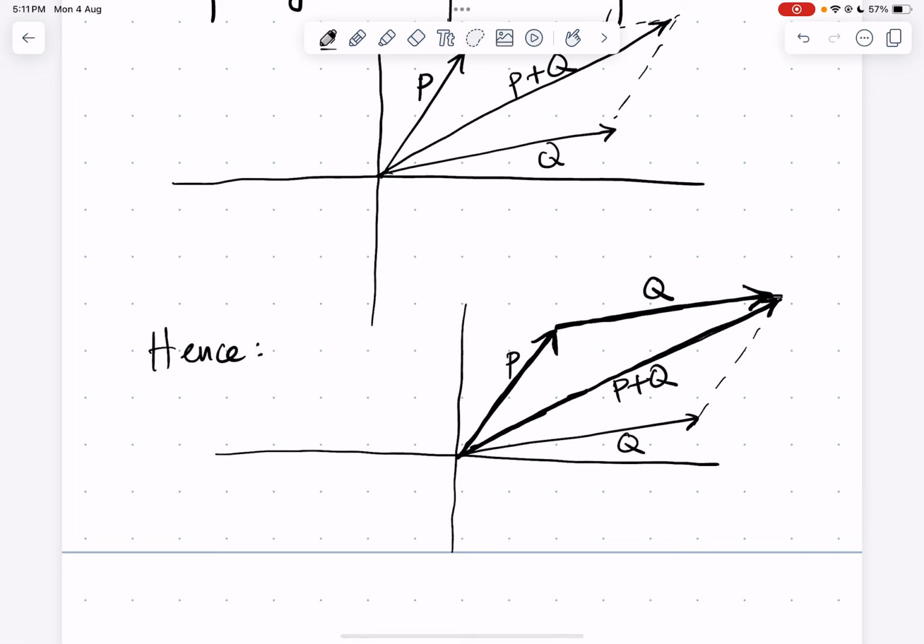P, Q and P plus Q form this kind of a triangle.